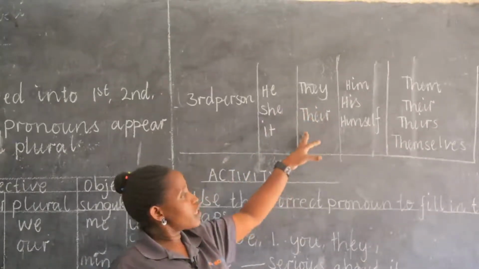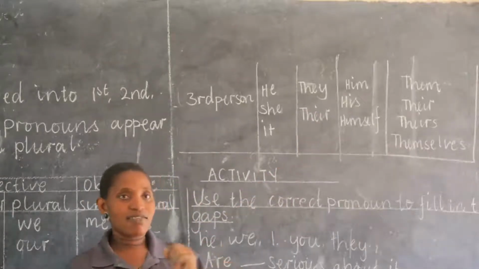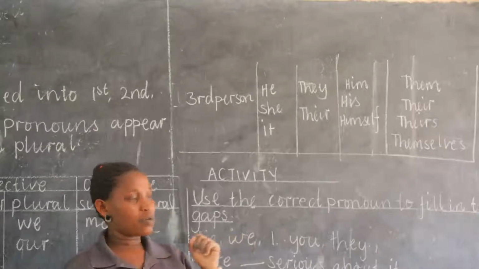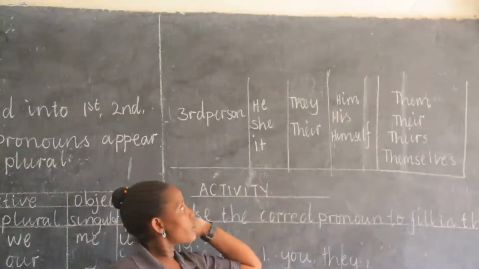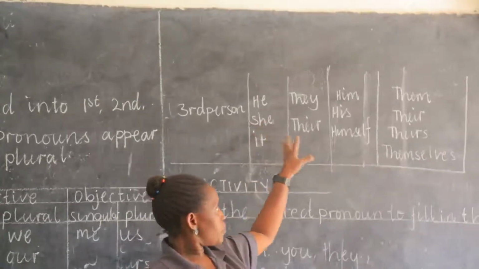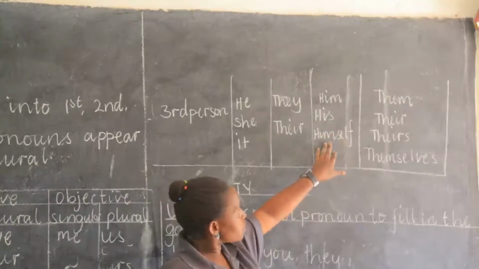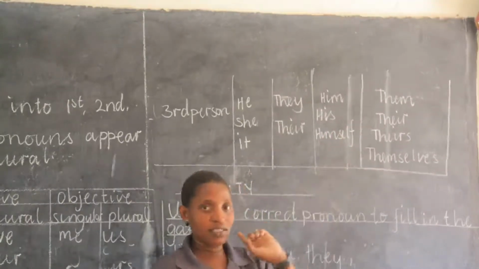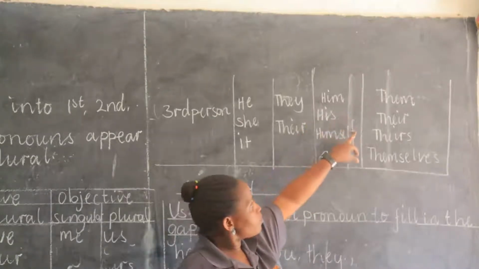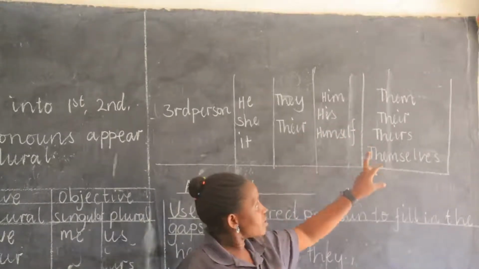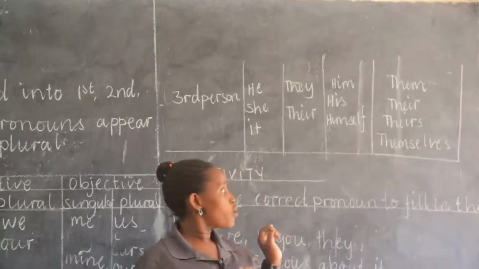Then when we come to possessive, it will be their class, their house, their playground, their ball, possessive. Then when we come to objective, we have him, his, then this is reflexive, himself in singular. Then in plural, we have them, their, theirs, then themselves. That is the reflexive pronouns.